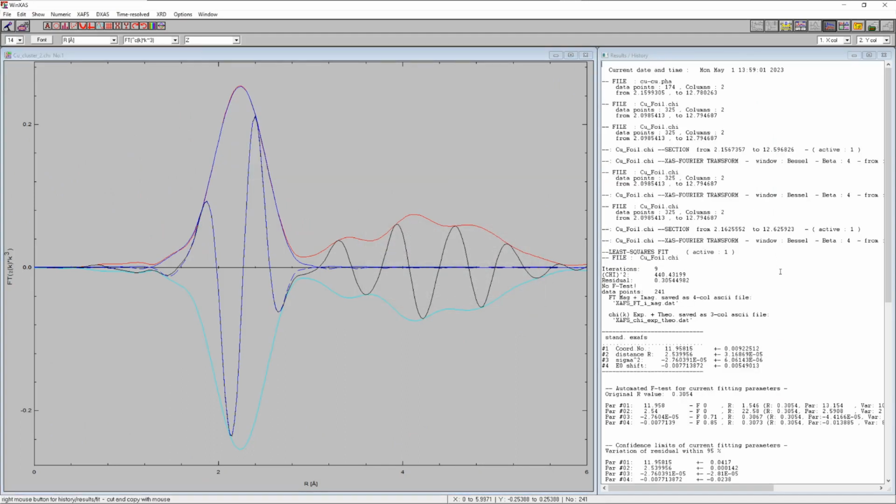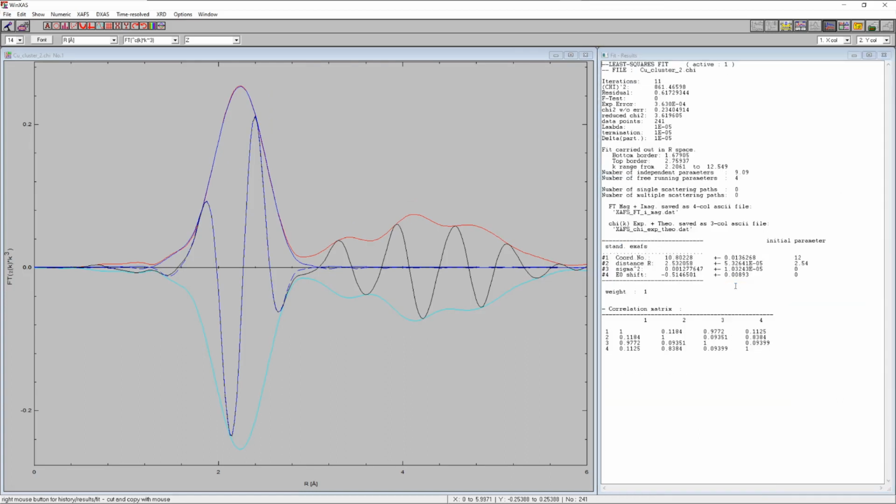And first now is have a look at the fit results. And yeah, as expected, we get a little bit smaller coordination number. So 10.8 here compared to the 12 in the crystallographic value. A little bit shorter distance. A slightly increased disorder parameter and a slight shift in the E0 value.